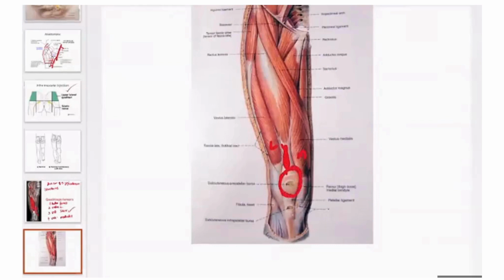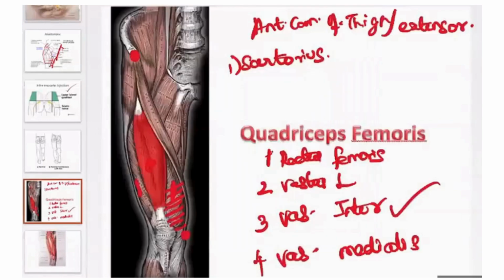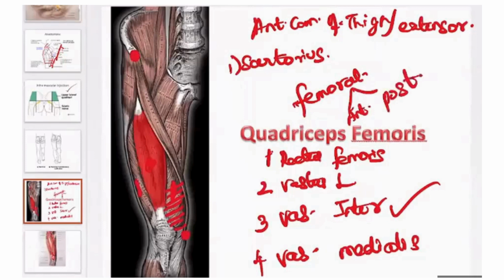So these are the muscles of the anterior compartment of the thigh, supplied by the femoral nerve. Femoral nerve divides into an anterior division and a posterior division. Anterior division supplies sartorius, and all other muscles are supplied by the posterior division. Quadriceps is innervated by the posterior division, as is rectus femoris.